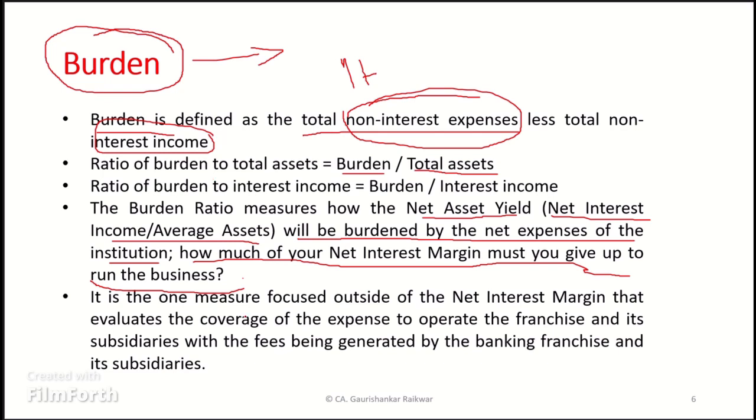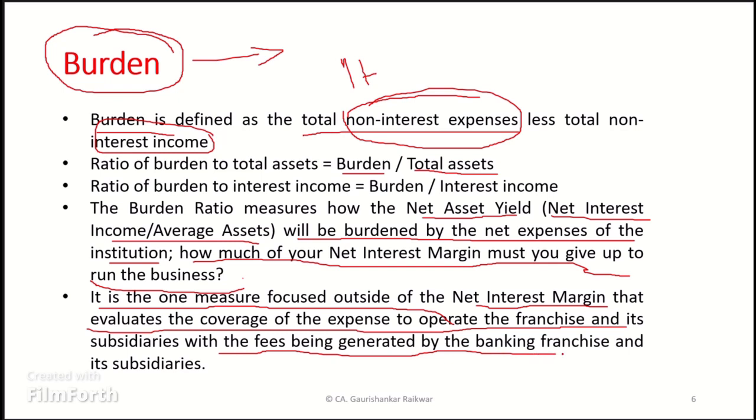It is one of the major focuses outside of the net interest margin, which evaluates the coverage of the expenses to operate the franchises and subsidiaries with the fees being generated by the banking franchises and its subsidiaries.